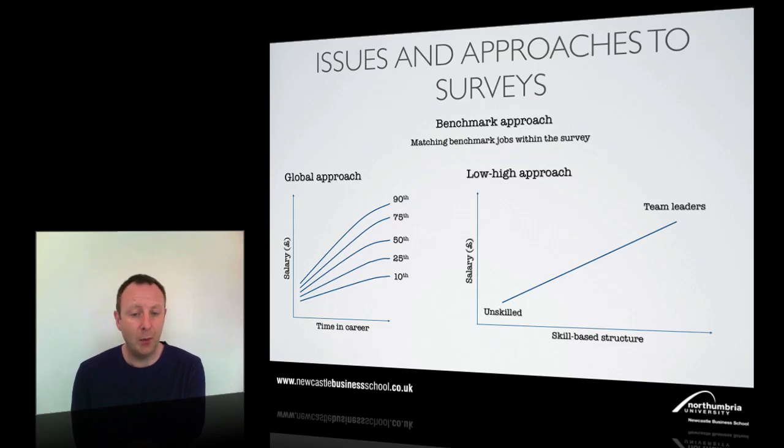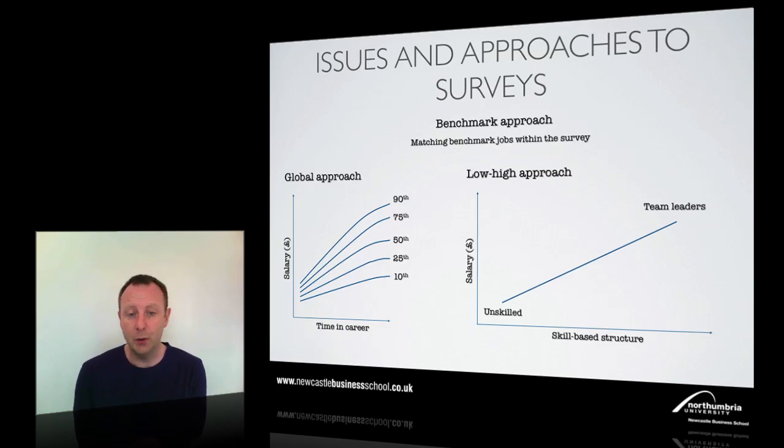And then you need to think about, well, how do we price people like that? How do we price those skills? Because pay surveys typically will be based around the price of jobs rather than skills, and certainly not the skills that you may have identified within your particular scheme. So how do you do it?